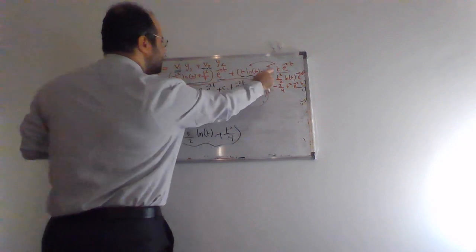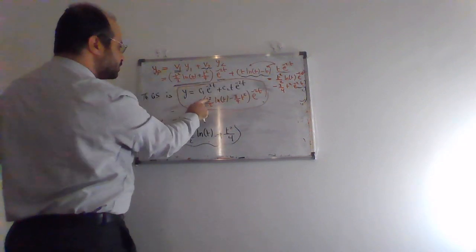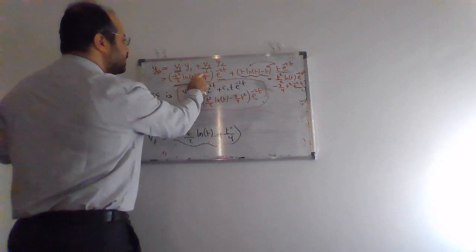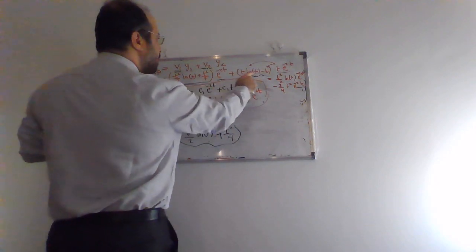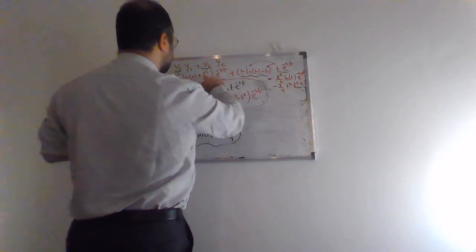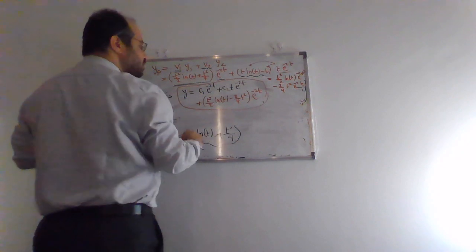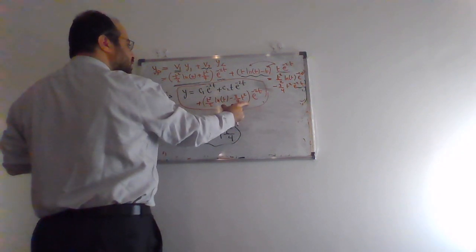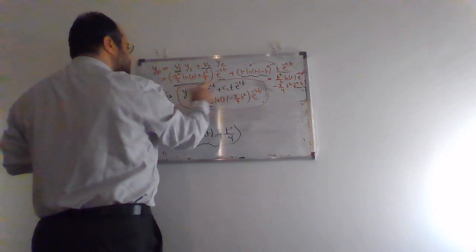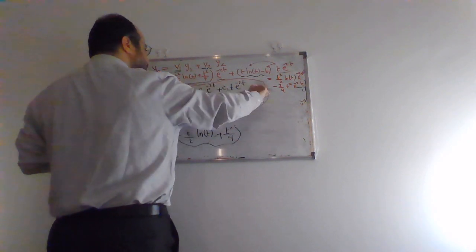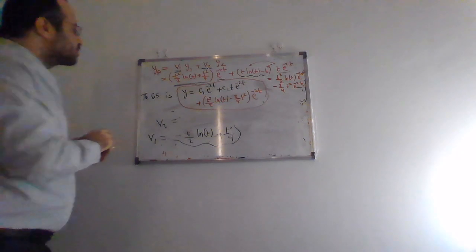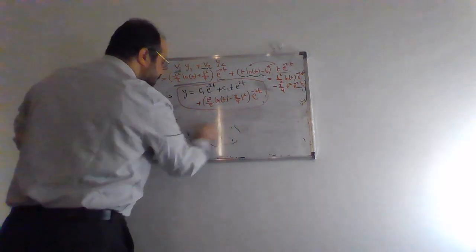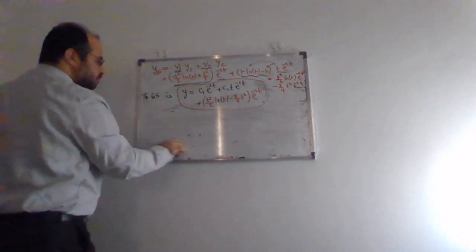Let me go: t squared minus t squared over 2, t squared over 2, and then here t squared over 4 minus t squared, then you get minus 3 over 4 t squared. So this is the simplified y particular, this is the y homogeneous, and the addition of them gives you the general solution for the differential equation given in this question.